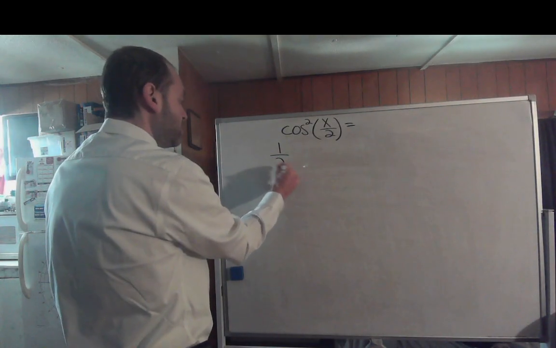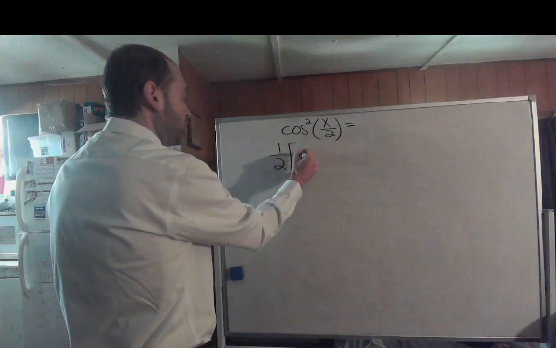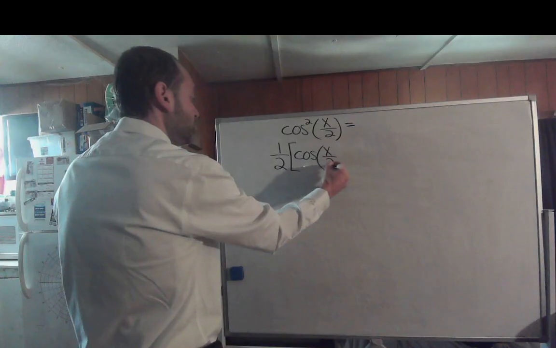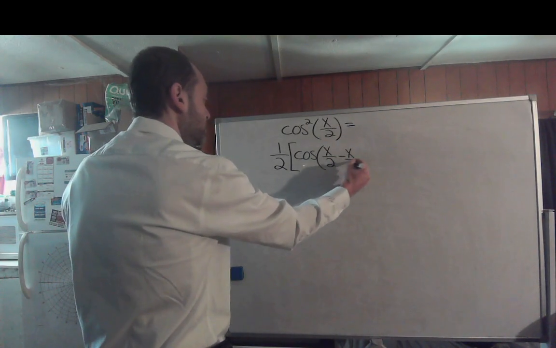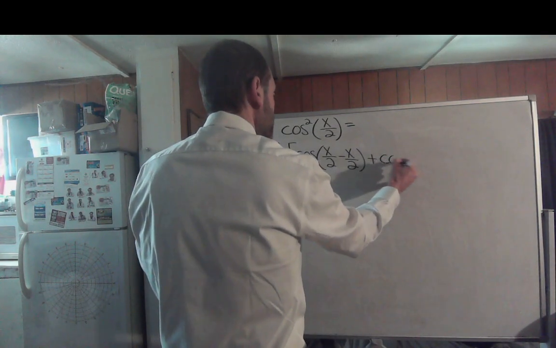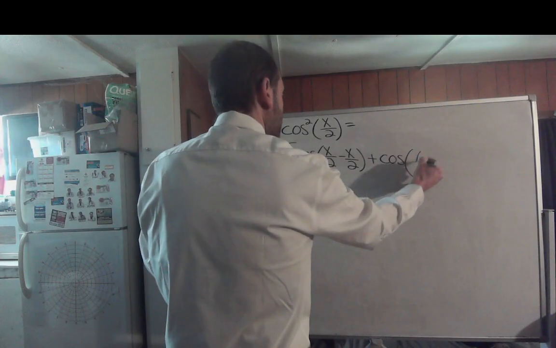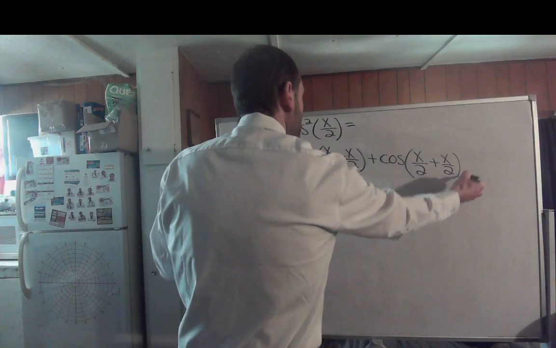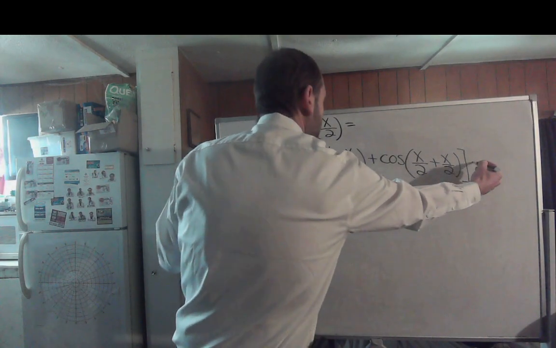So if I take 1/2 of the quantity of the cosine of x over 2 minus x over 2 plus the cosine of x over 2 plus x over 2, what is that going to give me?